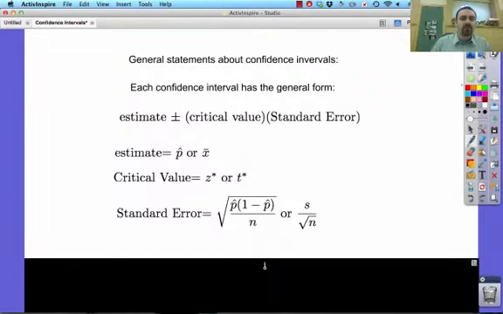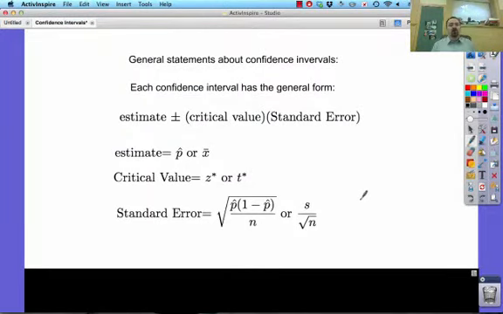Here's a little summary. General statements about confidence intervals so far. Every confidence interval is in the form of an estimate plus or minus a critical value times a standard error. The estimate in our cases so far, almost every single time, would be either p hat or x bar. If the value that we're looking for is p hat, then the critical value will be z star.